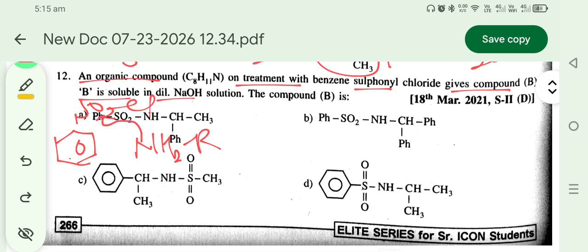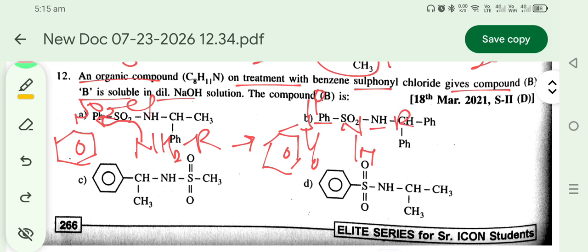The amine group is substituted in the place of chlorine. Hence, the product is S double bond O, NH, R. Here, nitrogen has one acidic proton. So B is the correct one.